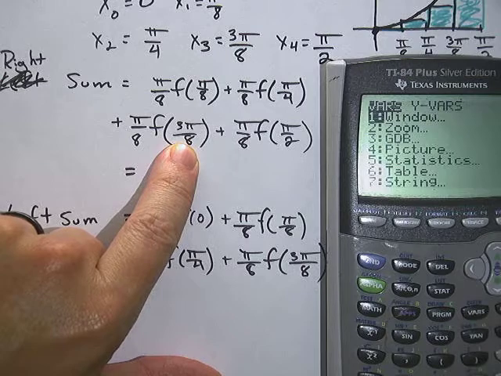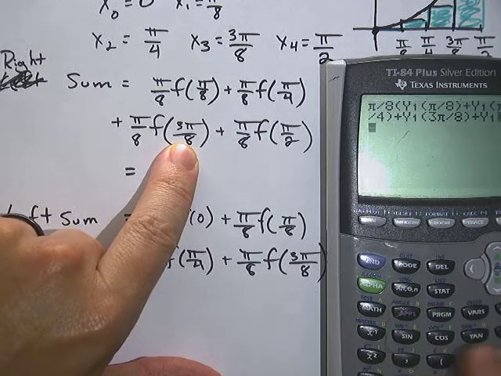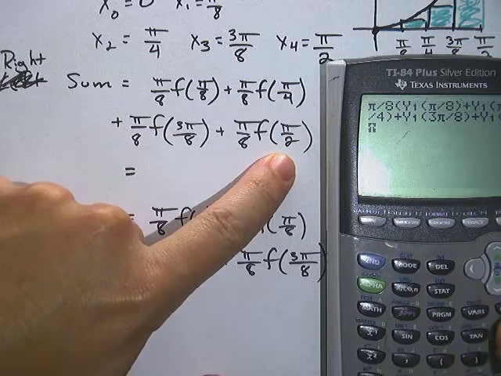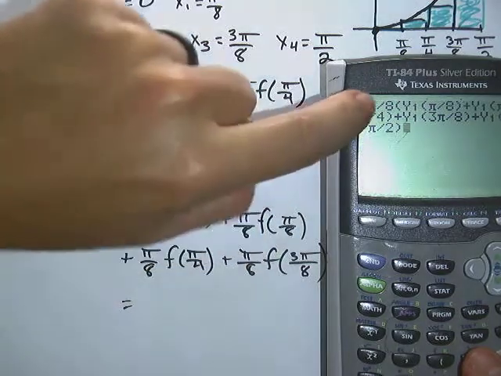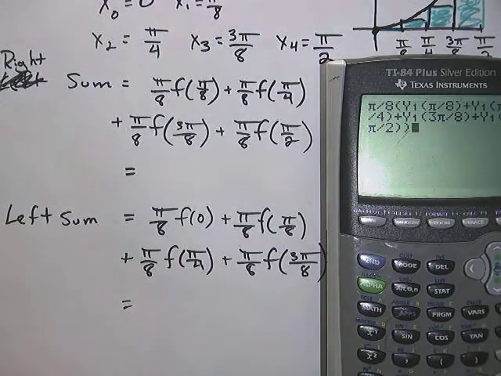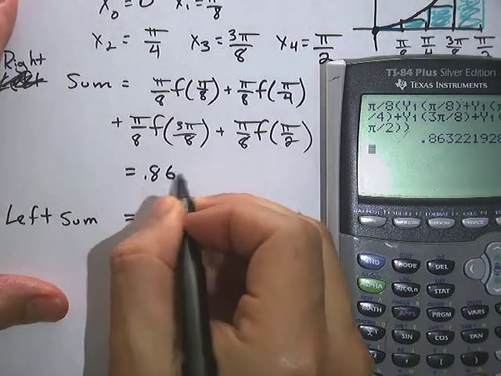Plus, and then finally pi over 2. And then close your parentheses around all of them, because remember we're multiplying by pi over 8. If you don't close parentheses, it might screw something up. And then hit enter, and you get that your right Riemann sum is 0.863.